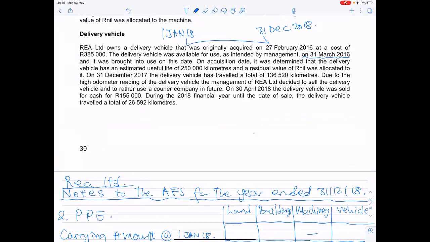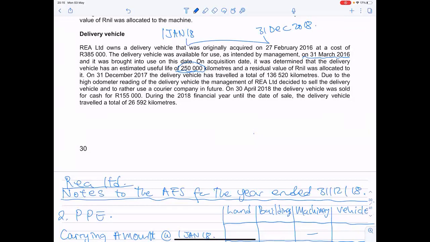On acquisition date, it was determined that the delivery vehicle had an estimated useful life of 250,000 kilometers. So we are going to depreciate our vehicle based on the kilometers that it is expected to travel.